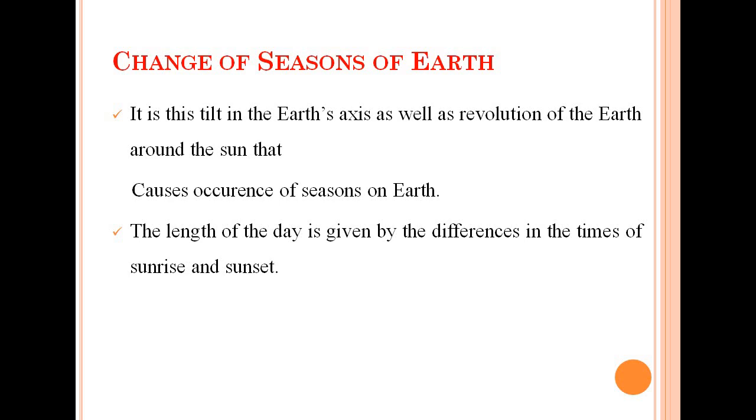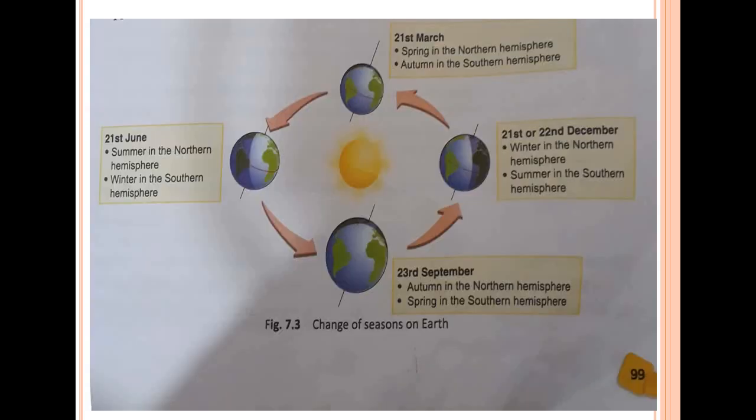So again, the length of the day is also governed by the earth's tilt and its revolution around the sun. In the northern hemisphere, the longest day of the year is around 22nd June and the shortest day is around 22nd December.